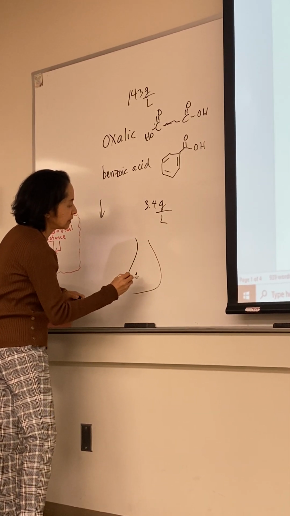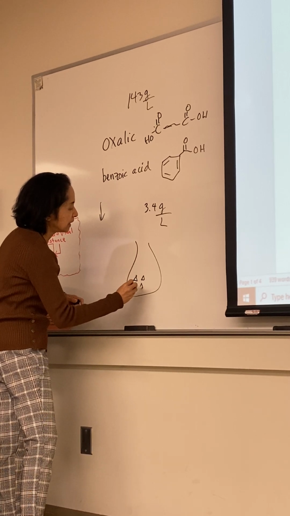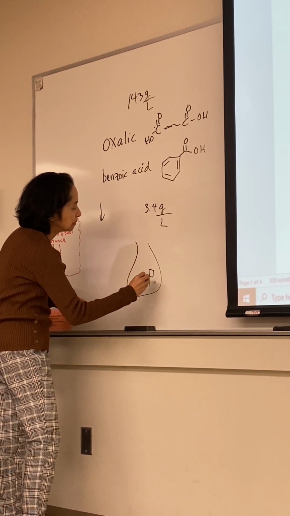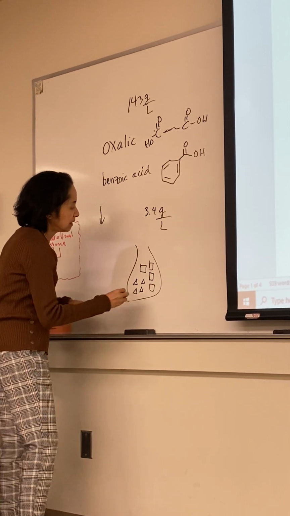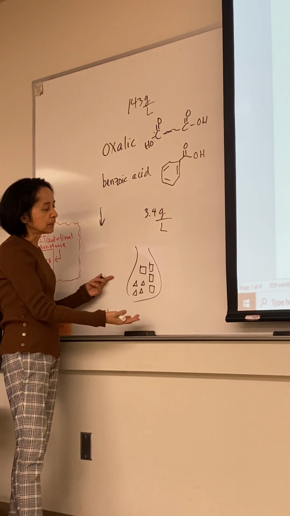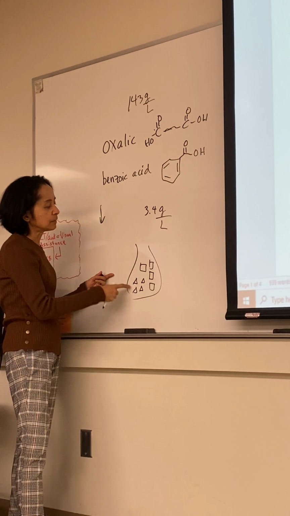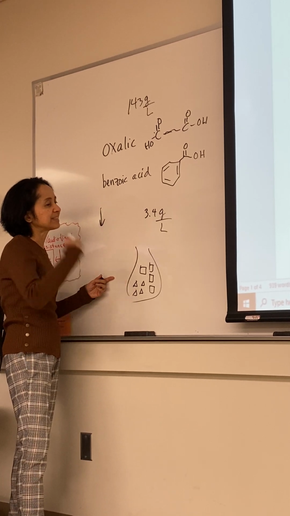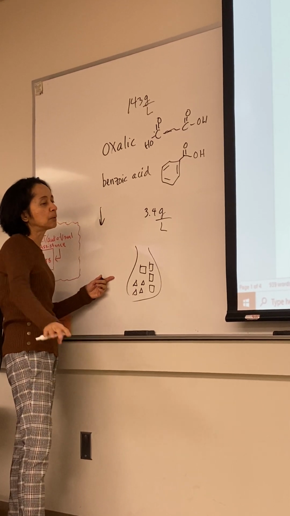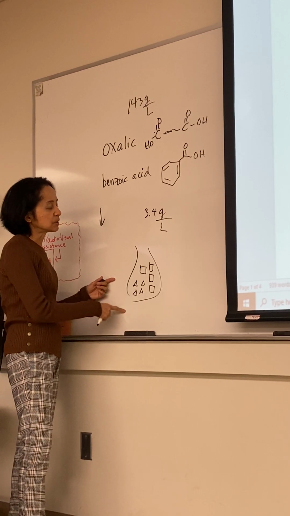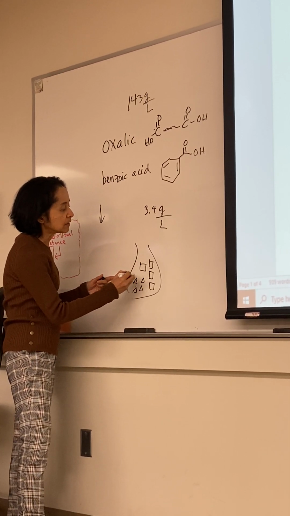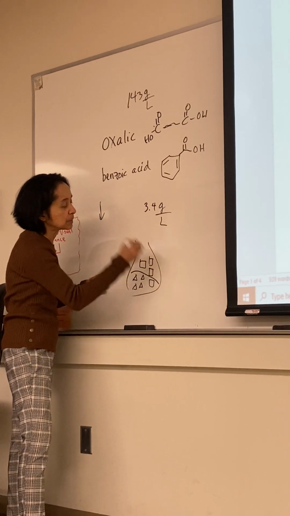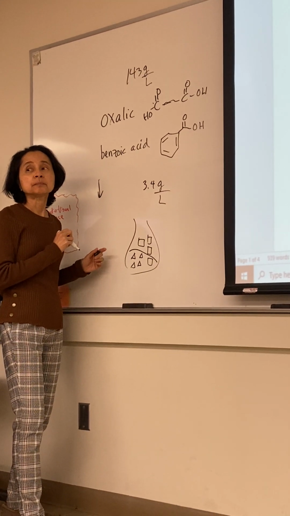Say oxalic acid is a triangle, okay? And then you have a square, benzoic acid like this, okay? 4 molecules. This oxalic acid will dissolve in water, and it's not going to come out of solution no matter how much you lower the temperature. This one, like 1 molecule will dissolve in water. This one is going to be a precipitate, okay?